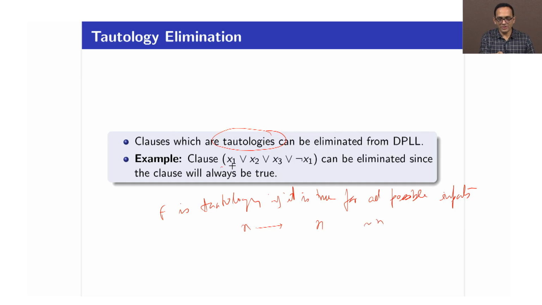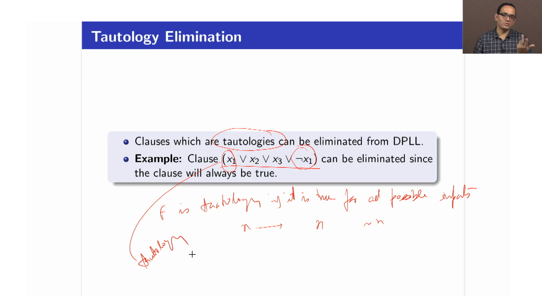So, let me give an example here. Here I have x1 or x2 or x3 or not x1. You see here you have x1 present, and not of x1 is also present. So, this clause is a tautology. Why? Because it is a disjunction of the literals, right. So, if any of them is true, the clause will be true, right.